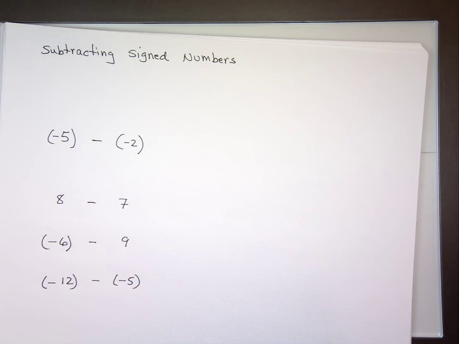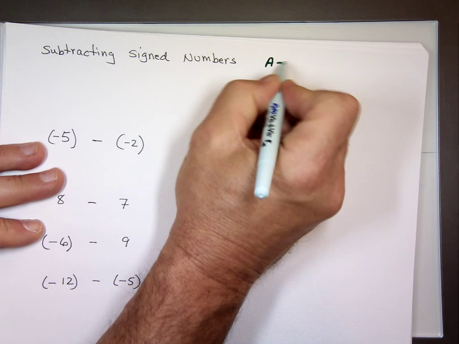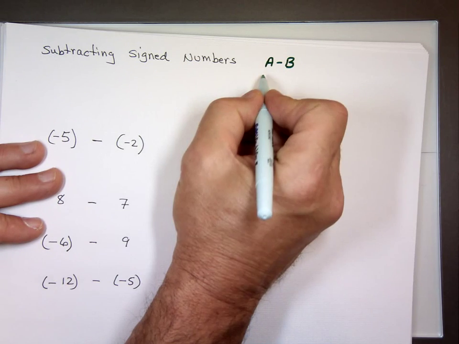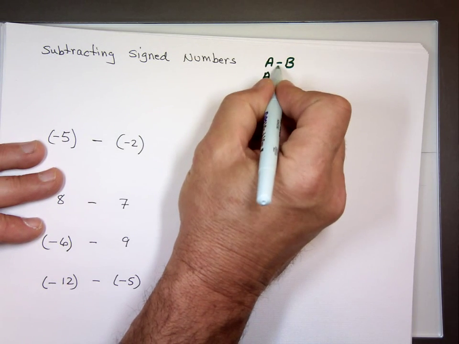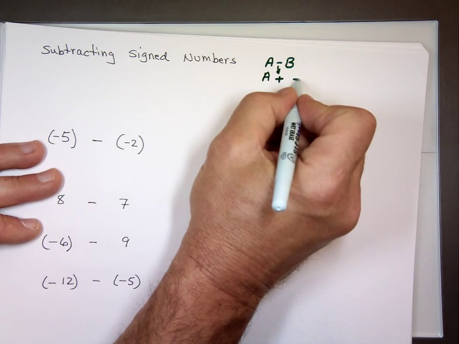Well, here's what we're going to do. We have a rule in math. It says if you have subtractions like this, if you want to subtract a minus b, you can really write that as a, keep the first one, change the sign to plus, and take the opposite of that.